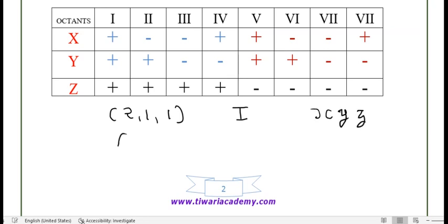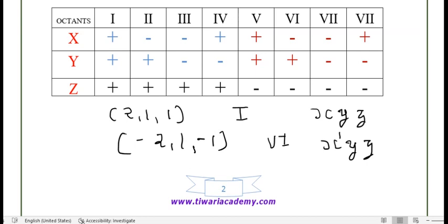Now in case I have the point -2, 1 and -1, you have to find the octant where y is positive and the remaining two are negative, and that is coming in the 6th octant. So your answer will be XYZ, of course, but since x is negative I will write a prime over x, and similarly z is also negative, so I will write a prime over z.